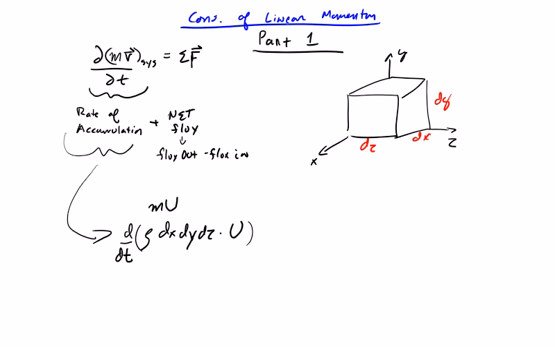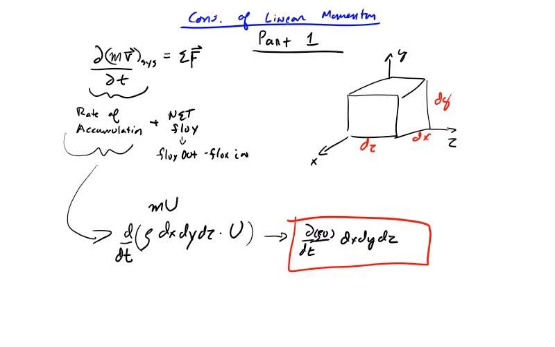Then we can think about this term essentially as just d dt of rho u. The dx, dy, dz aren't changing with time, so they can stay out of the derivative. So this in the red box is the rate of accumulation of linear momentum in our control volume. That's part one of deriving these equations.